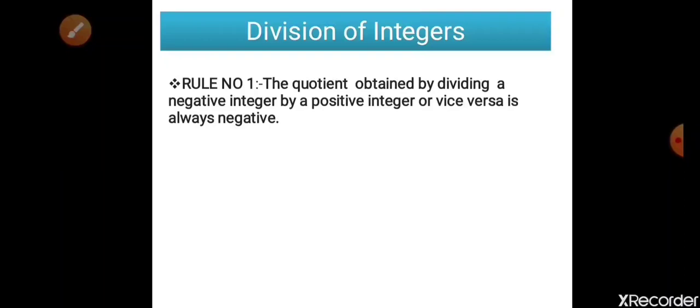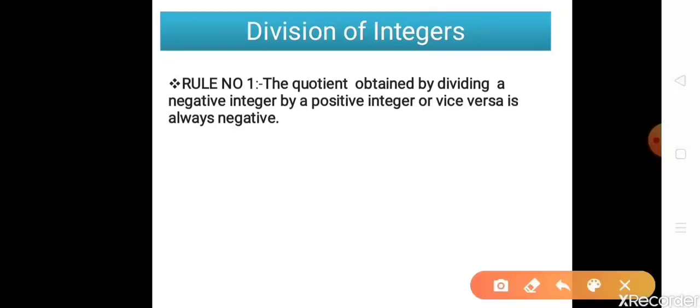Vice versa means if you divide a positive integer by a negative integer, at that time also the quotient will be negative. Here we are not considering the remainder, we are simply focused upon your quotient.